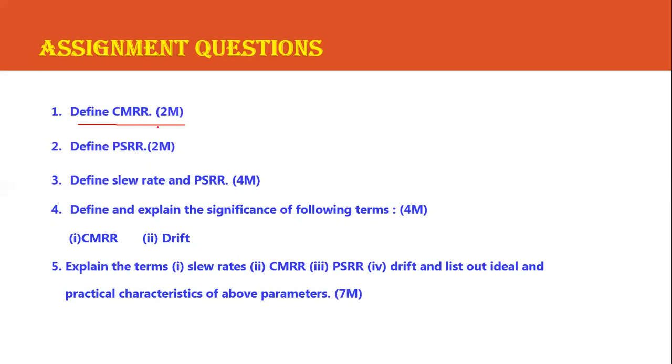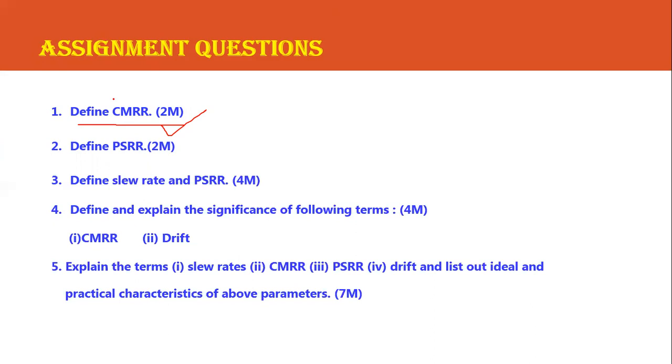And we have to write the formula: CMRR, denoted with the letter rho, is equal to AD by AC, and CMRR in dB is equal to 20 log of AD by AC. If you write these two points, you will get 2 marks, or the same question can be asked for 3 marks also.